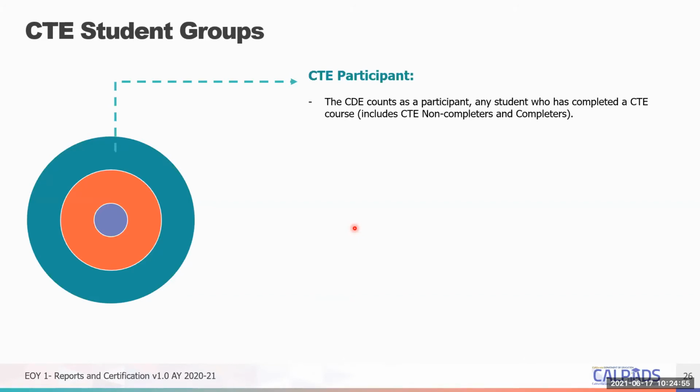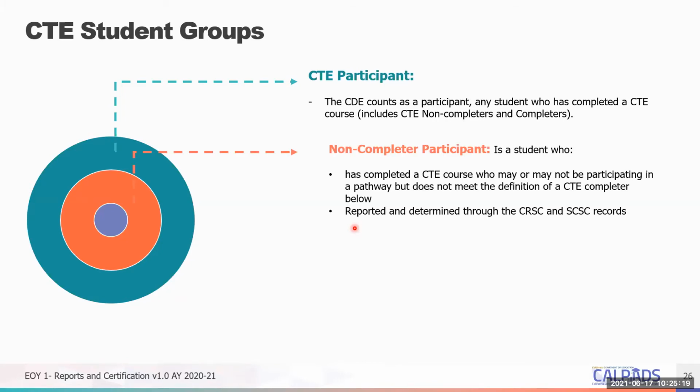Anyone who completed a CTE course this year is a CTE participant. Anyone who completes a course that could also be a capstone course but is not part of a pathway is considered a participant, as I mentioned here. So these are your participants who are not CTE completers.